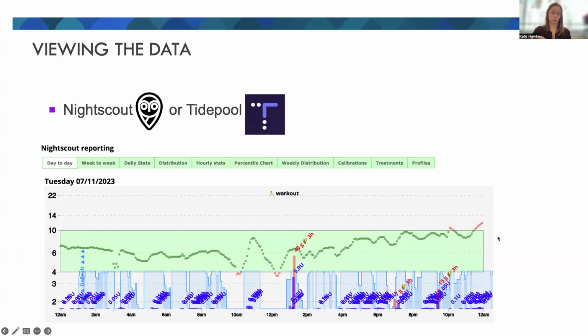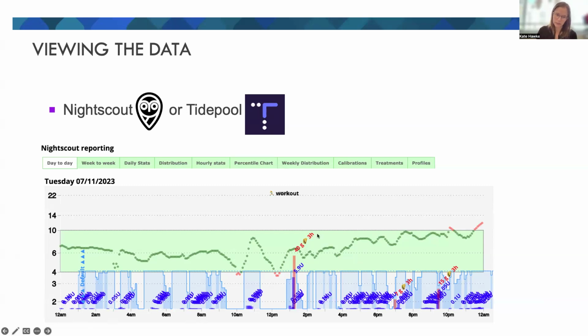We then have bolus insulin shown in the darker blue. So this could be either a user-entered bolus, such as this one here for a meal of 5.9 units, or this could be system-driven auto-corrections, which are commonly small, for example, 0.05 units, 0.1 units, frequently, so every 5-minute loop cycle, these can be delivered if determined necessary.